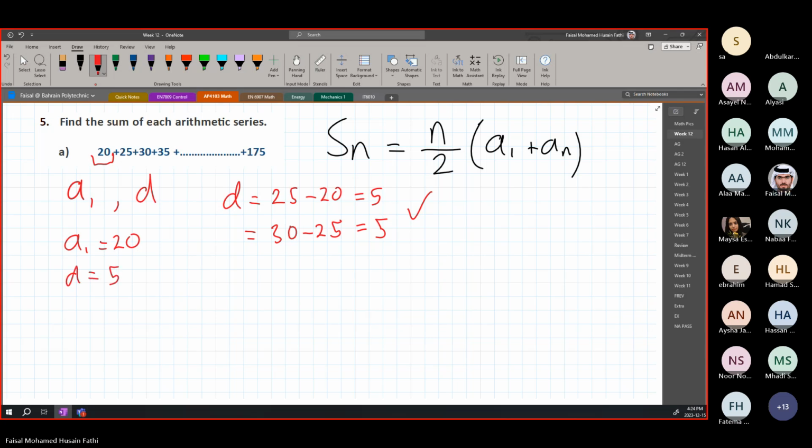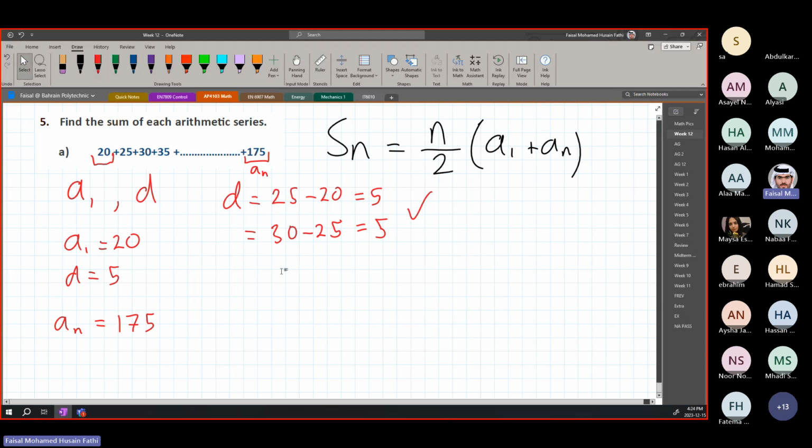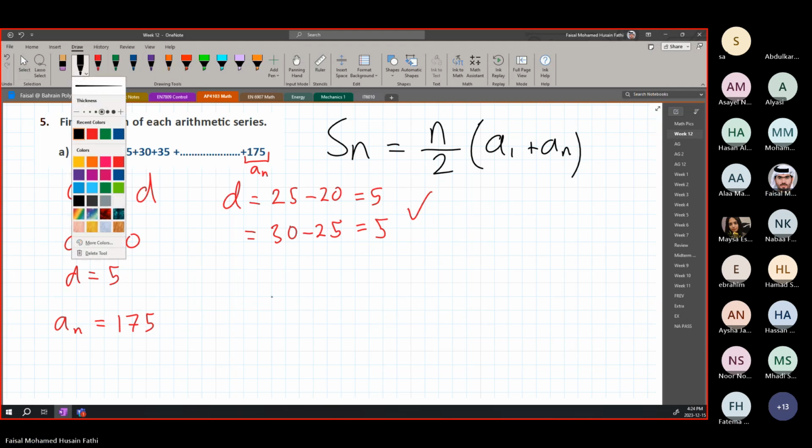The an value, we don't have the n, but we have the value of an. We know that an is equal to how much? 175. All right. So what do we need to do? We need to find n to solve. So we're going to use the old equation that we learned.